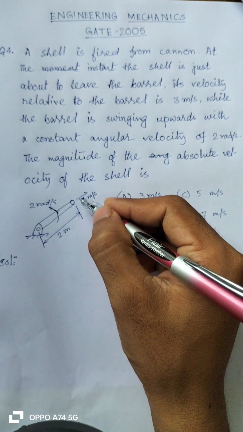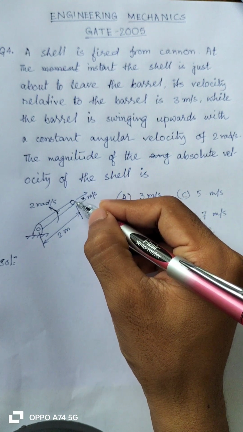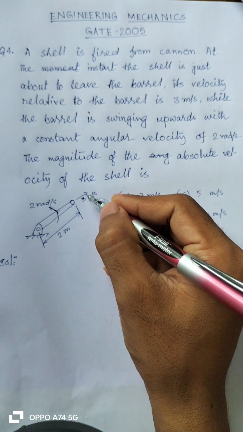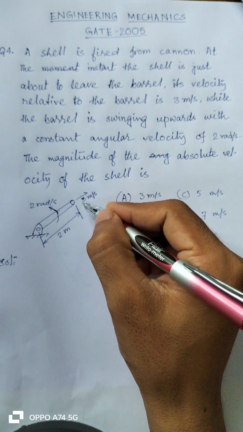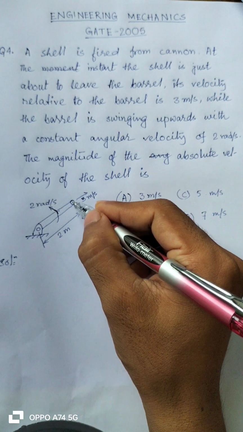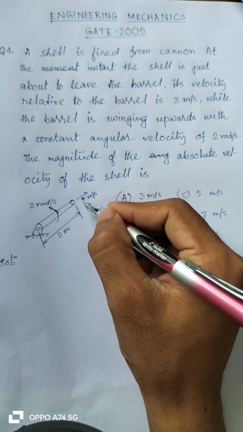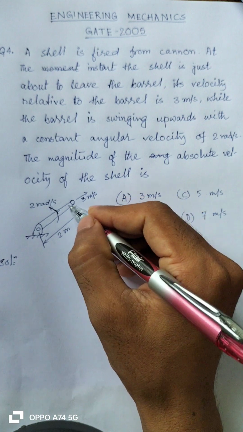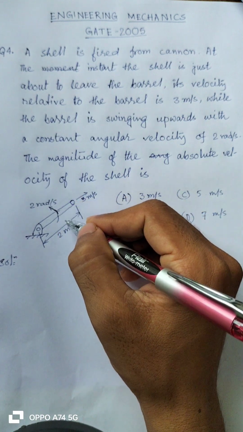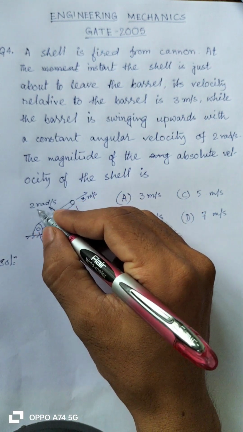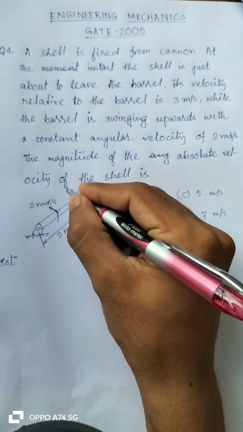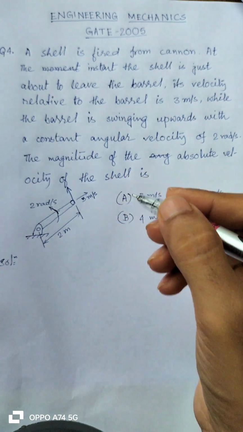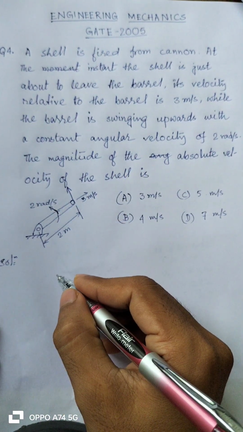Due to this centrifugal force, it will gain a radially outward motion, which at this particular moment, when the shell is about to leave the barrel, is 3 meter per second. And due to this rotary motion with omega 2 rad per second, it will have a tangential motion. So let me draw the velocity diagram here.